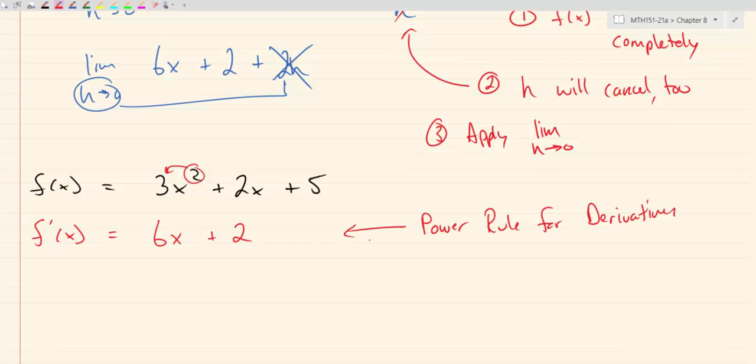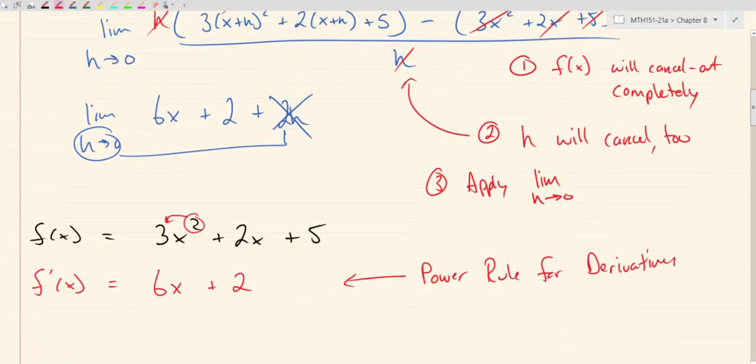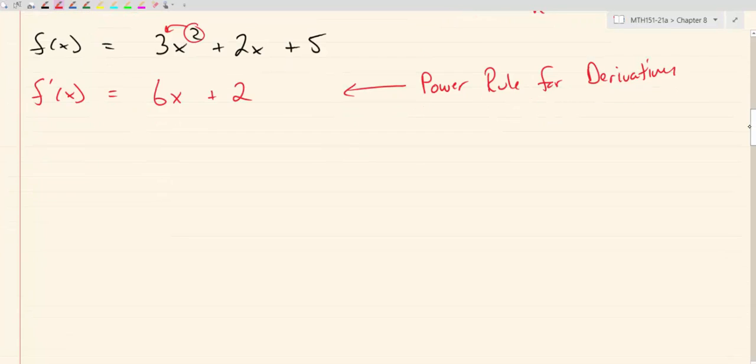When you do the difference quotient, you've got to write out all this stuff, you've got to do all this arithmetic, and it turns out that the difference quotient and the power rule will give you the same answer for polynomials.